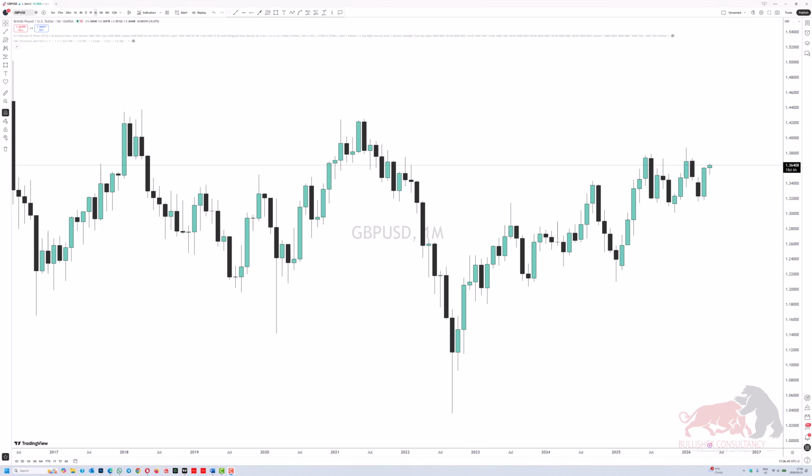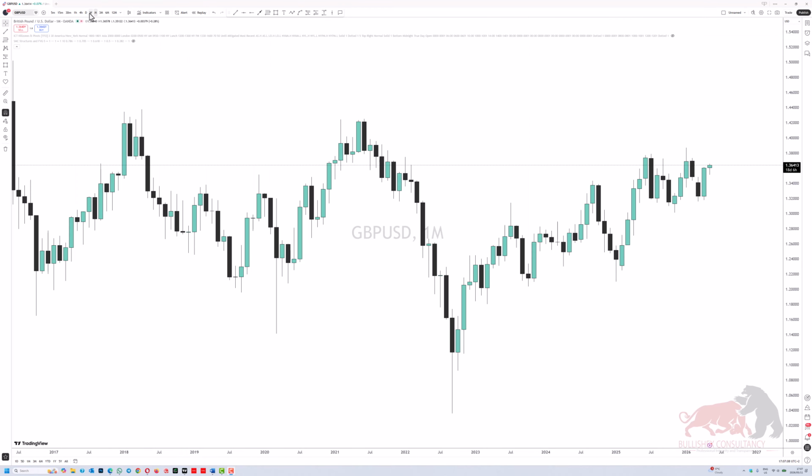So the macro overview, why sterling is strengthening. Pound USD is also referred to as sterling, guys. The British pound is entering a very interesting phase, fundamentally speaking. Over the past several weeks, the broader macro backdrop has quietly shifted in sterling's favor, right?